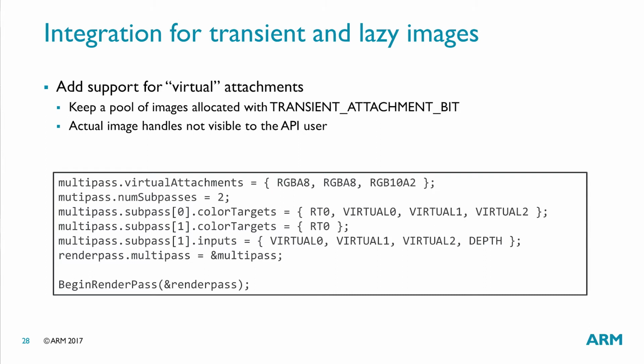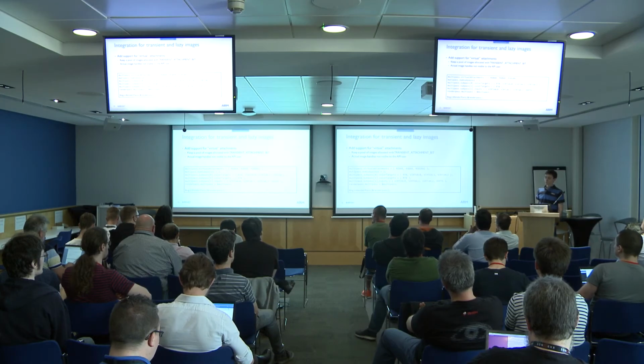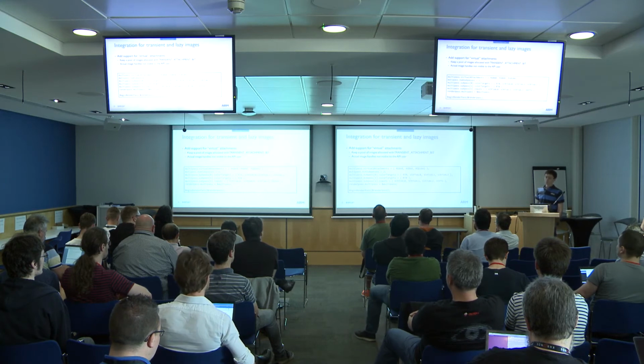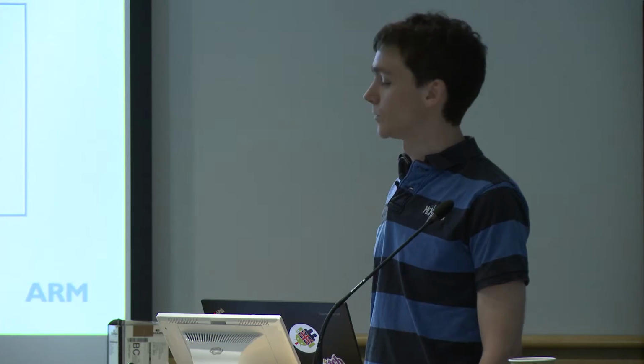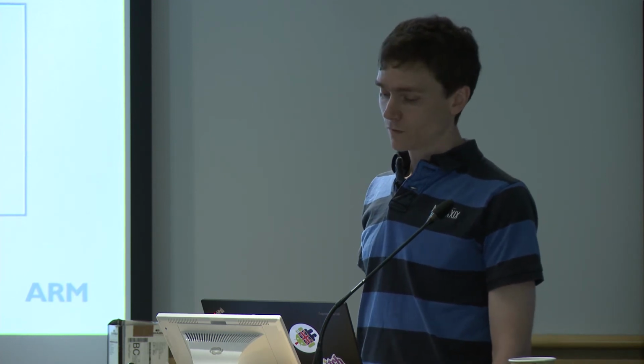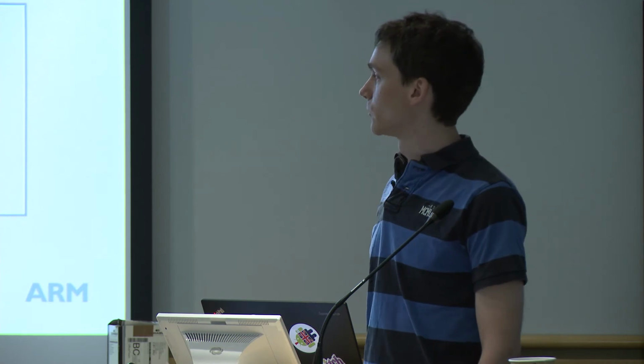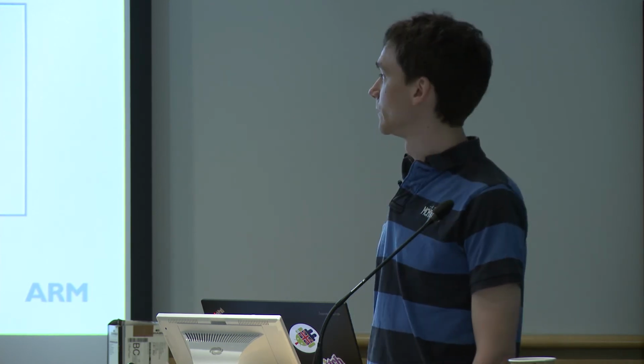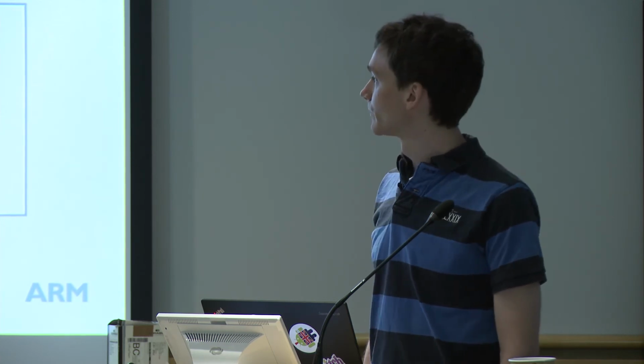To deal with transient images, we added a concept where a render pass would request virtual attachments, and they basically only serve as scratch memory for the gbuffer. This also made the code simpler, because we didn't have to explicitly juggle textures for all the render targets.